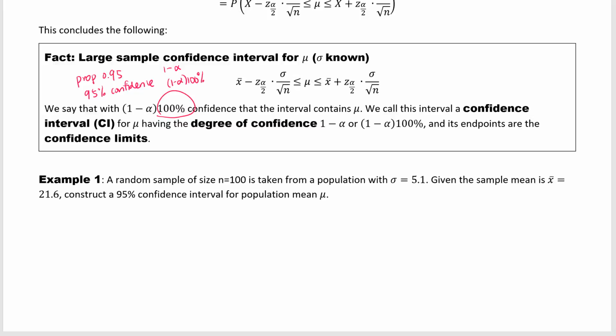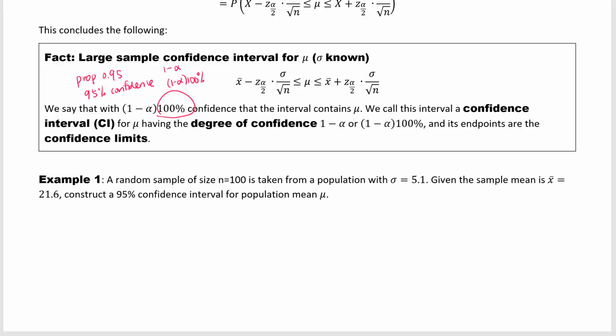That's why there is a 100% right here. So we can say with 1 minus alpha times 100% confidence that the interval contains mu. We call this interval a confidence interval, so we use CI from now on to denote that. It has the degree of confidence 1 minus alpha, or 1 minus alpha times 100%, and its endpoints are the confidence limits.